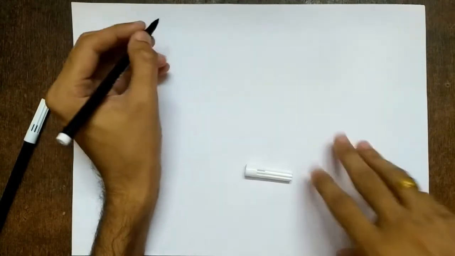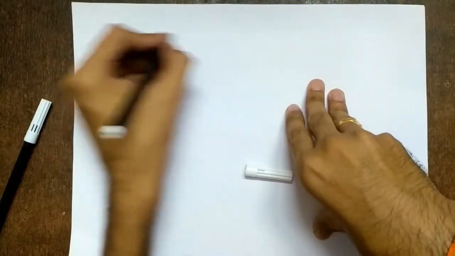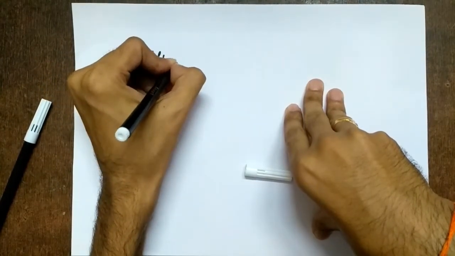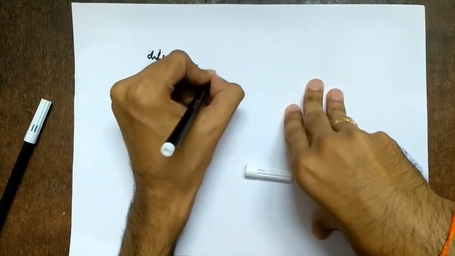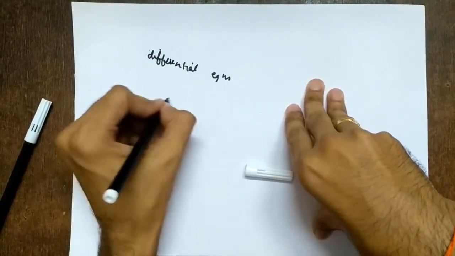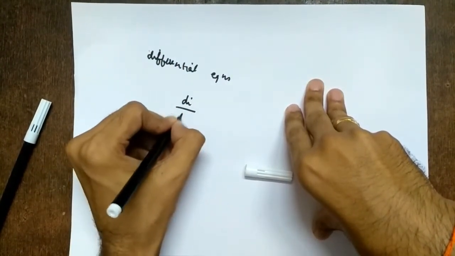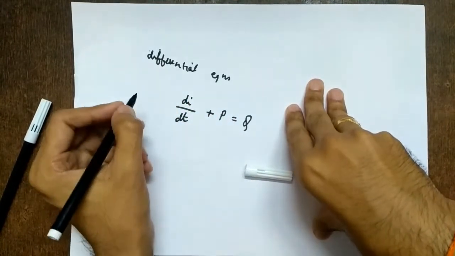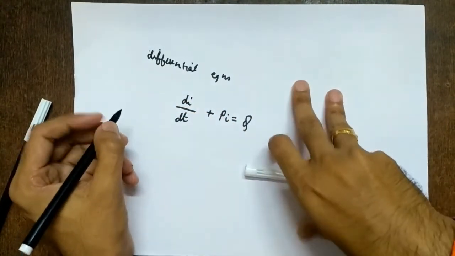And while solving those problems, we came across a special type of equations which are called as what? Differential equations, right? So they were of the form di by dt plus p i equal to q. So how do we solve this?